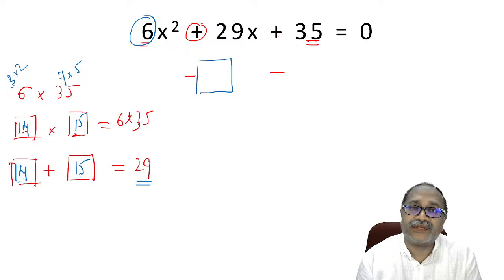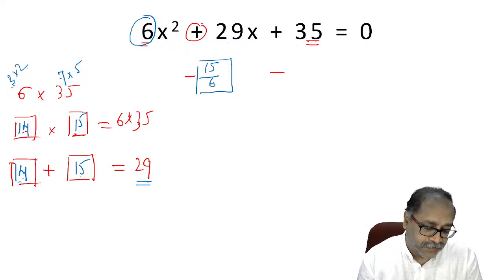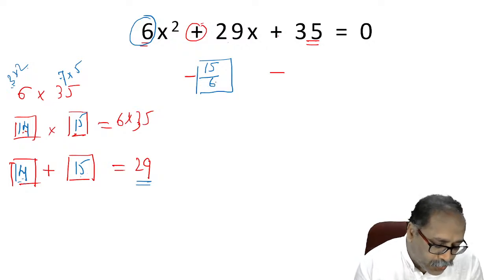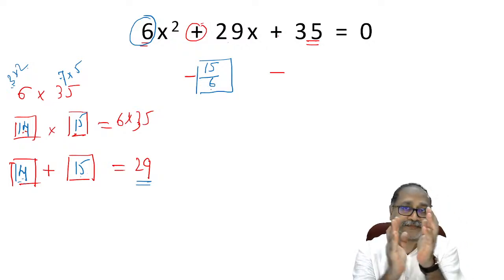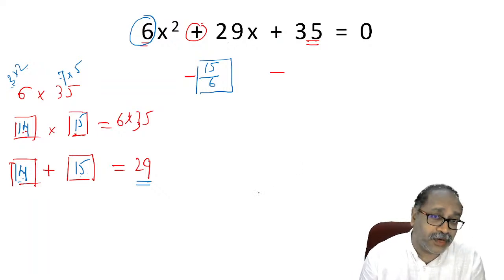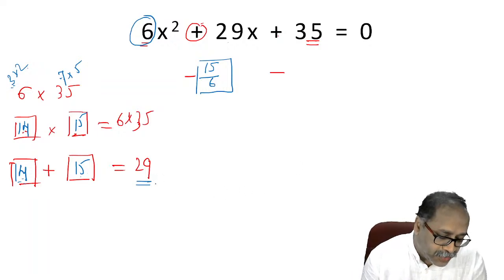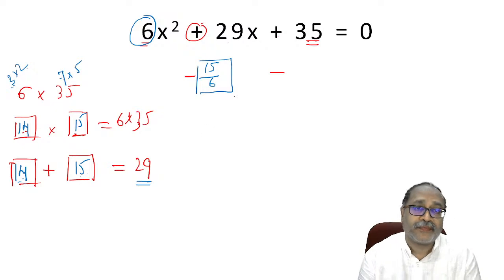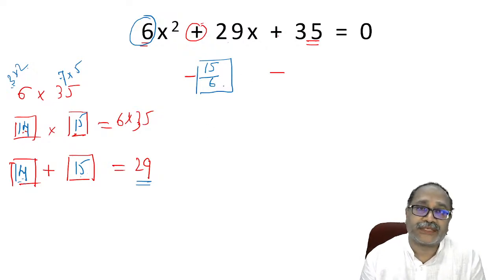The higher value is 15. So here it should be 15 by 6. Oh, beautiful. Wonderfully the people have worked out 14 and 15. Even Gaurav, even Mansi madam, beautifully worked out. So that is 15 by 6.